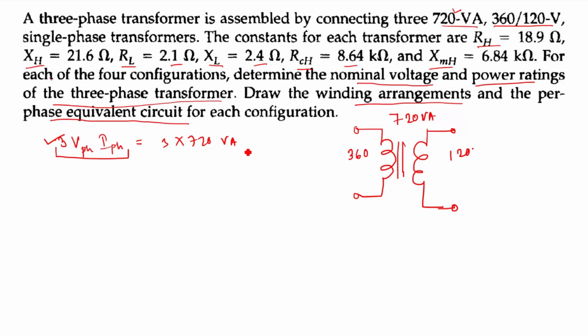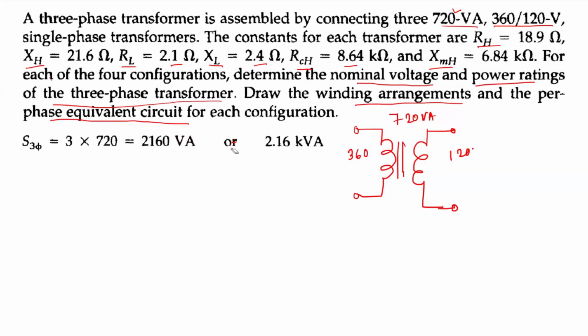So for each configuration, your transformer rating will remain the same. So now let us proceed. This is your three-phase transformer rating, that is nothing but 3 into 720 VA, 2160 VA, which is equal to 2.16 kVA.